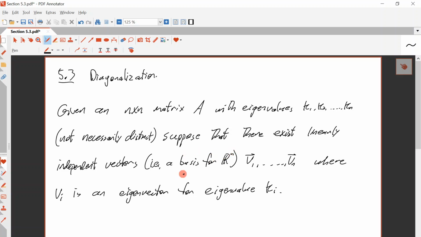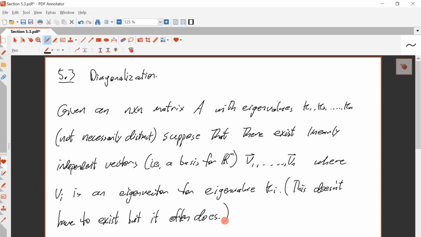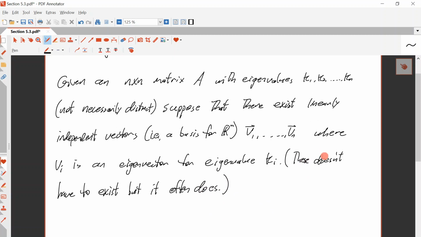And suppose that you have, for those eigenvalues, corresponding eigenvectors that are linearly independent. This doesn't have to happen. This need not exist, but sometimes it does.